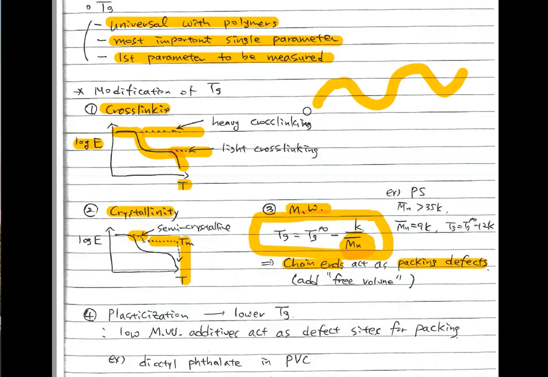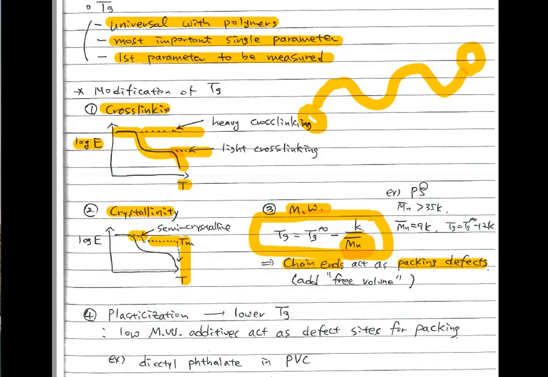There should be some volume near this chain end which cannot be used to pack with each other to form a hard glassy state at low temperatures. So short chain, low molecular weight polymers have more chain ends, basically more packing defects, so that's why low molecular weight polymers have lower glass transition temperatures.